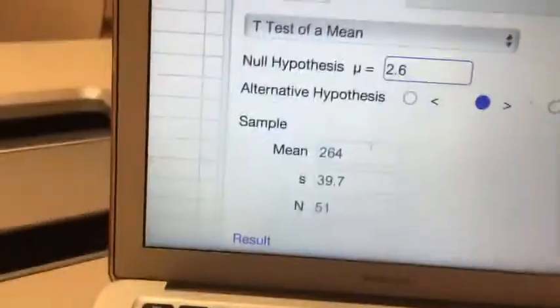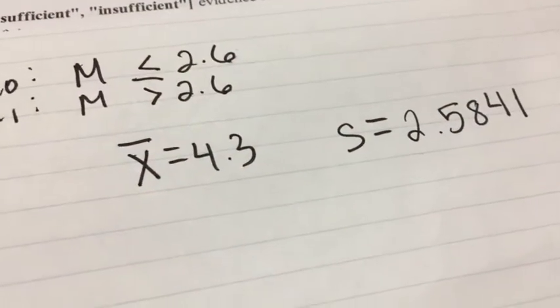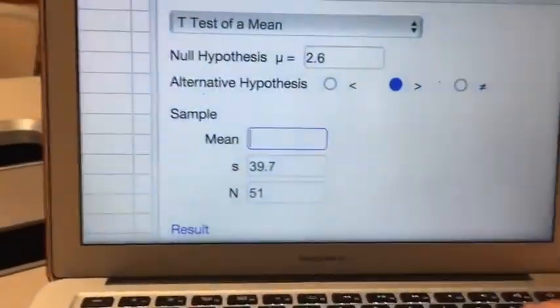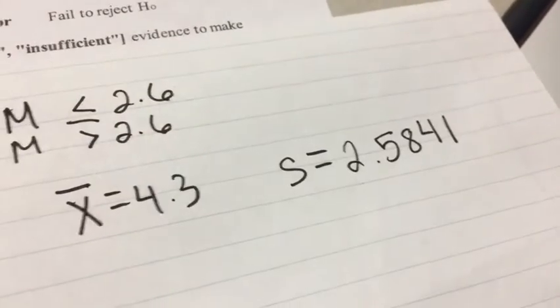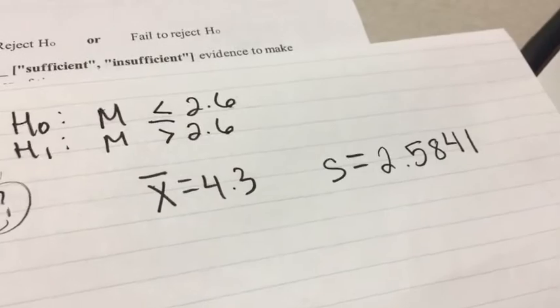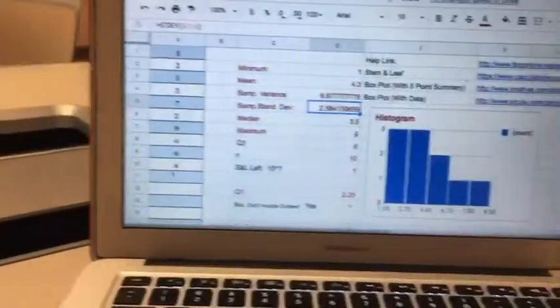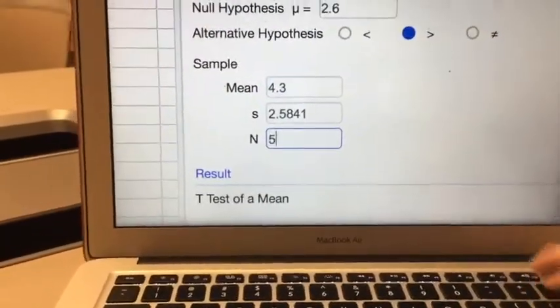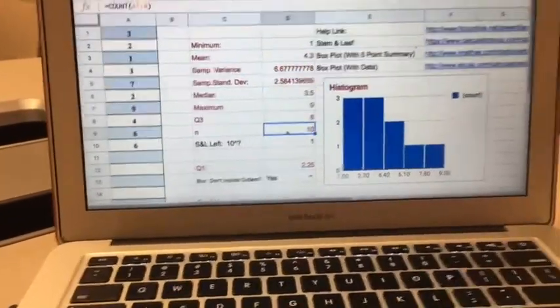And now onto your sample statistics. So the Google Sheets told me that my sample mean was 4.3, so 4.3 is going to go right here. It told me that my sample standard deviation was this much too. And now your n, your sample size. Since I have 10 numbers, my sample size is going to be 10. And the Google Sheets can also give you that right there.